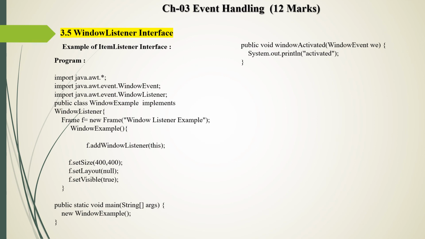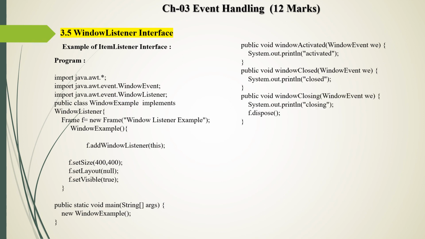We see the output in the next slides. Similarly, we define the second method windowClosed, and its message is closed. All messages are displayed in our command prompt. Next we define the windowClosing method and the message is closing.